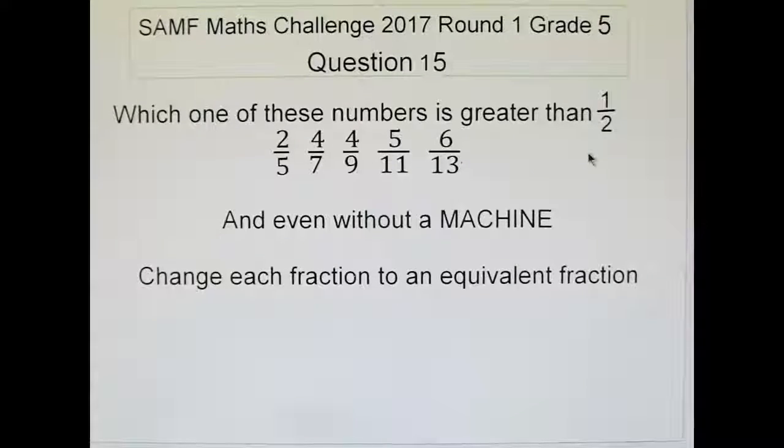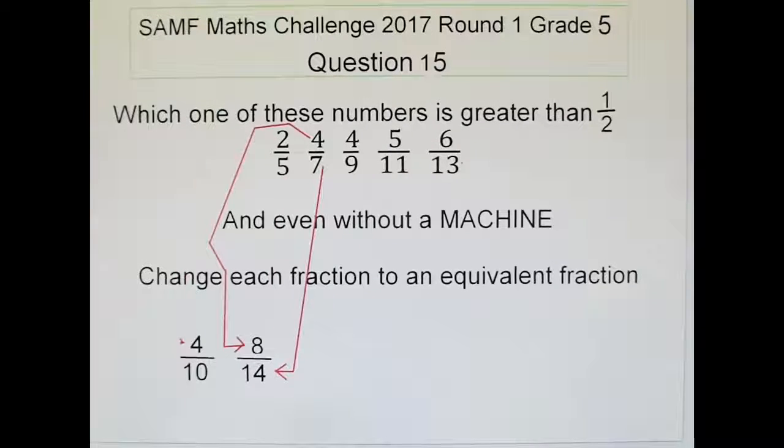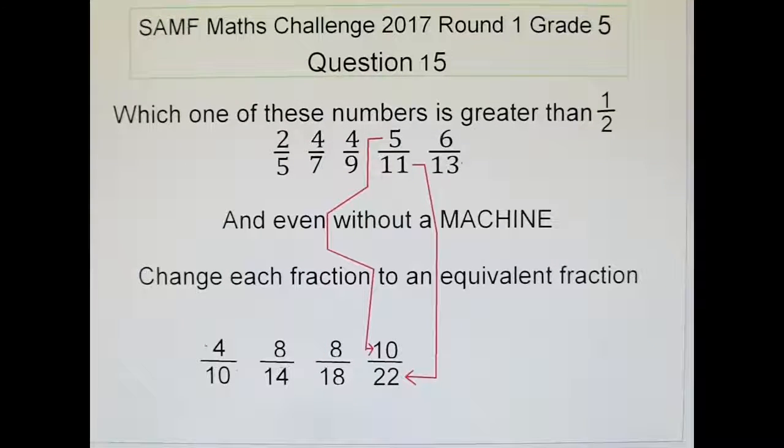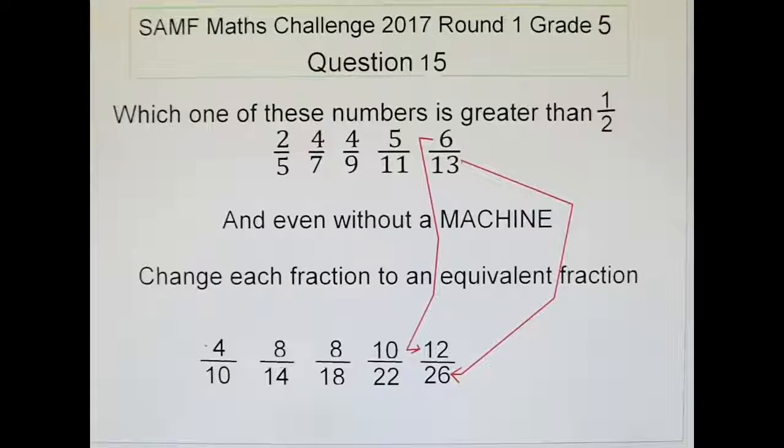An equivalent fraction is just using different digits to represent the same amount. If we take the 2/5 and we double it, we can change it into 4/10. And if we take the 4/7, it becomes 8/14, 4/9 becomes 8/18, 5/11 becomes 10/22, and 6/13 becomes 12/26.